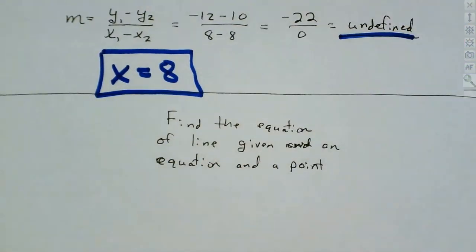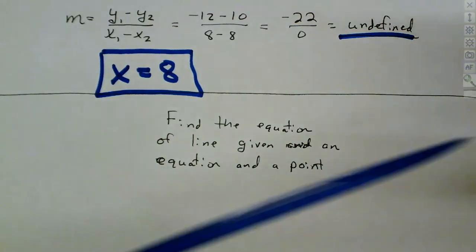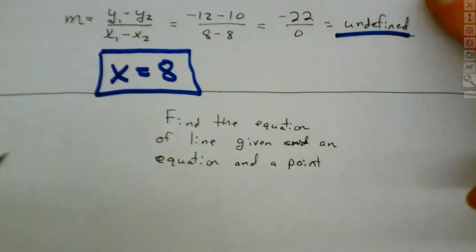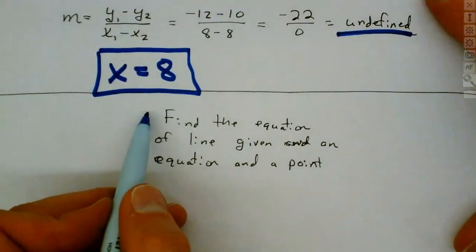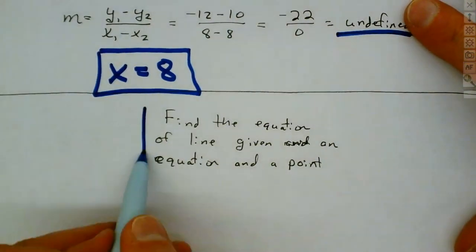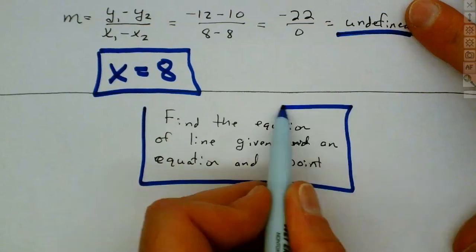So this is what we're going to be doing. So we're going to be trying to find the equation of a line, right, when you are given a line equation already and a point.